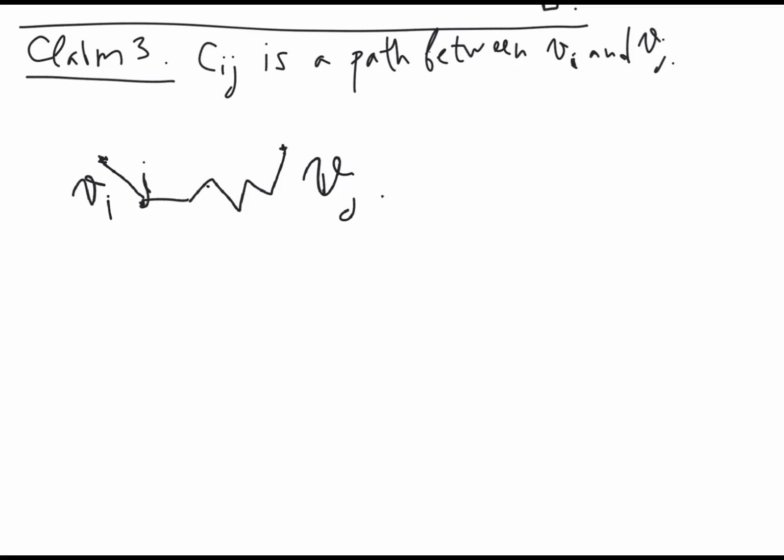So this is color i, j, i, j, i, j, i, j. So there is some path. Suppose that it's not the whole connected component, so there is something else in this connected component.